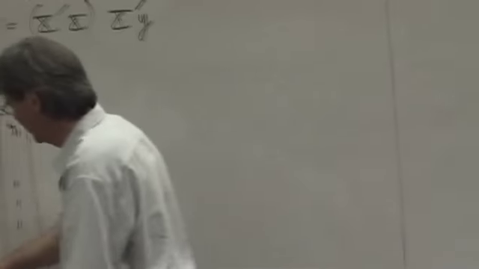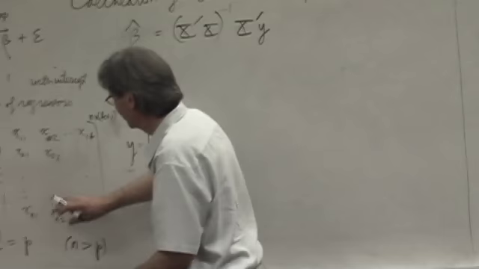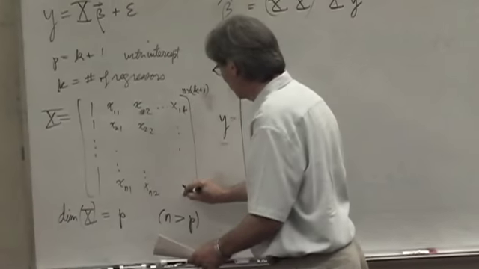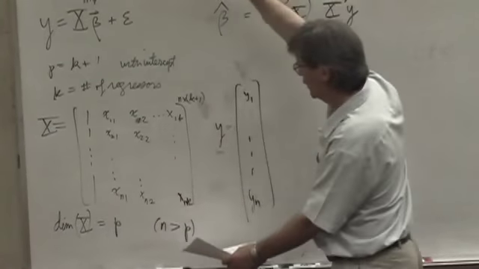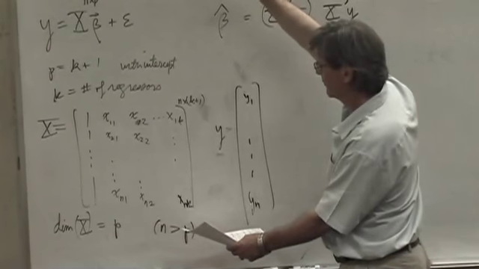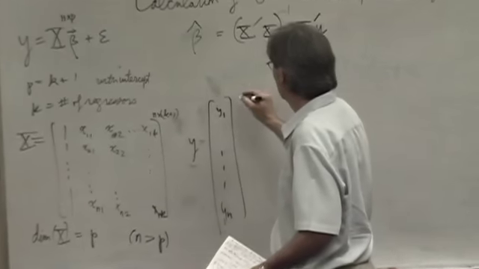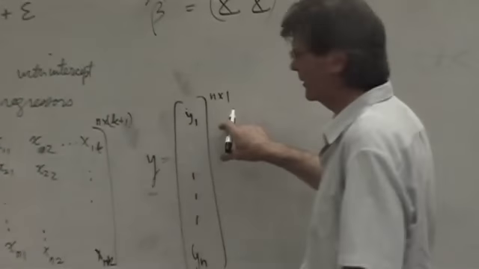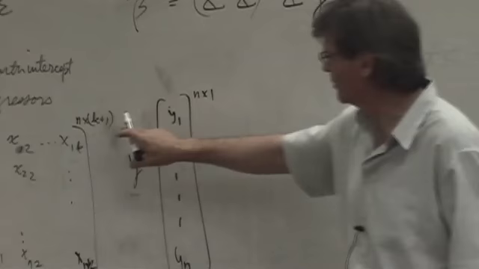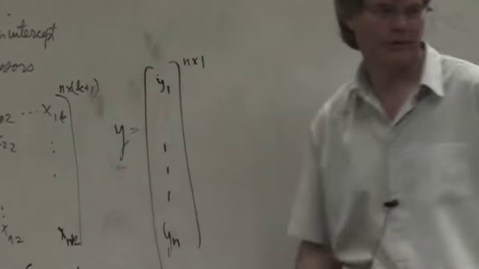Is everybody kind of following that? Maybe I should make this really long to make it clearer how that goes. I can't stretch it out easily on the board here, but this is long. So in order to multiply y, this is n by k plus 1. Y is n by 1. I can't multiply this times this, right? It has to be the k plus 1 by n that multiplies this.